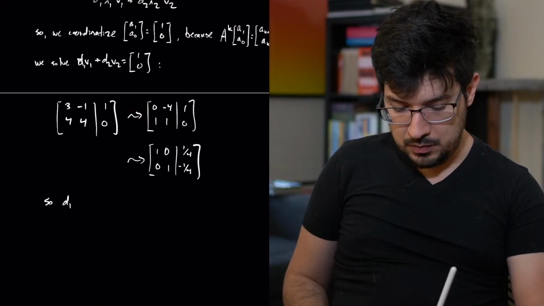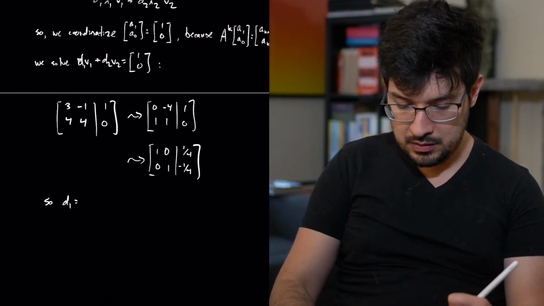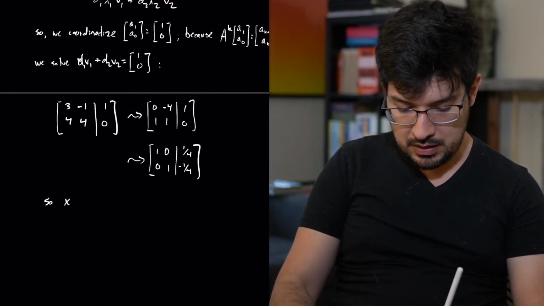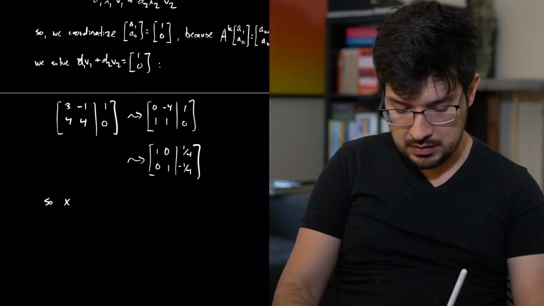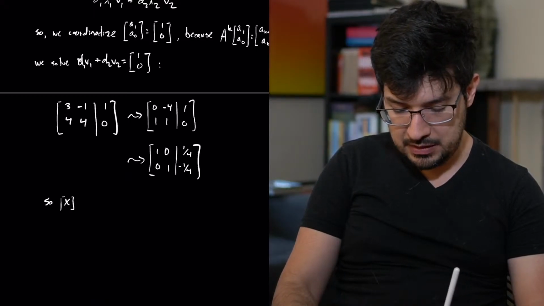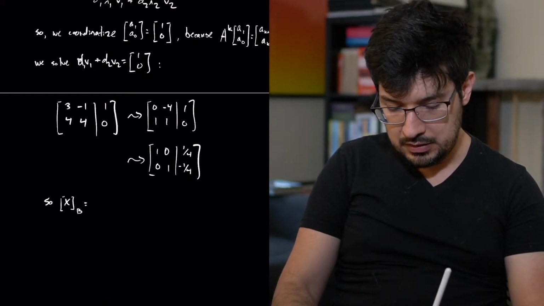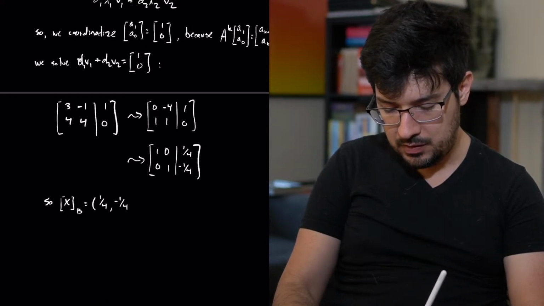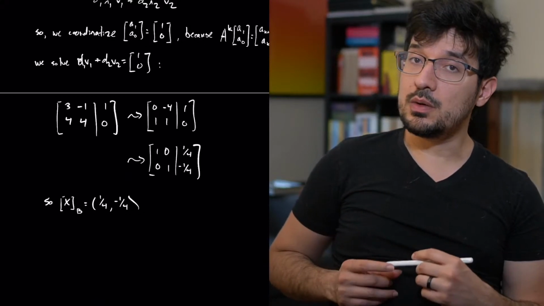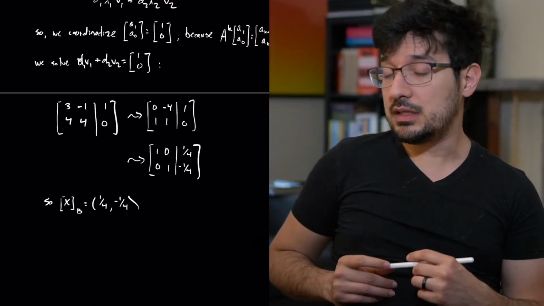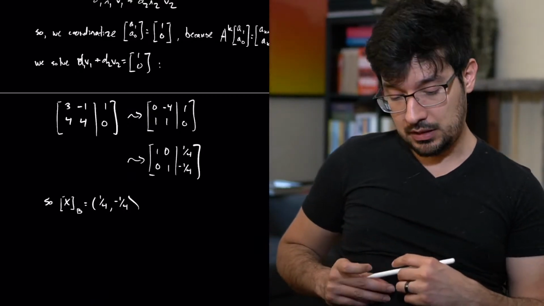So, D1, let's say x relative to this basis is 1/4, negative 1/4. This is our coordinatization of the initial vector.